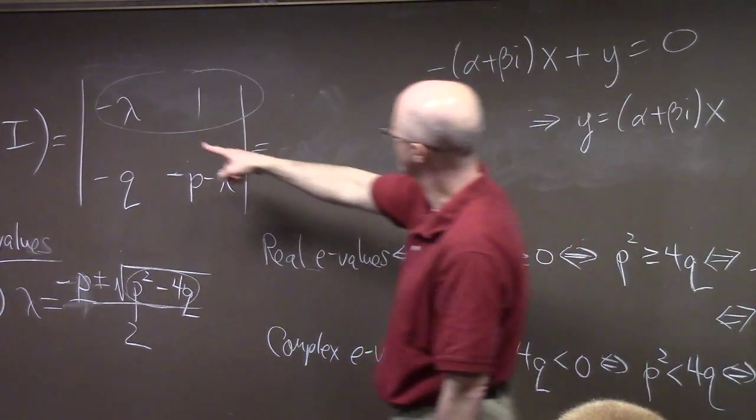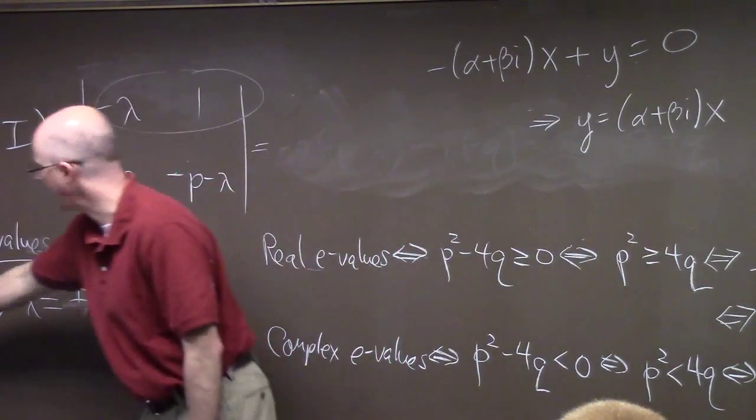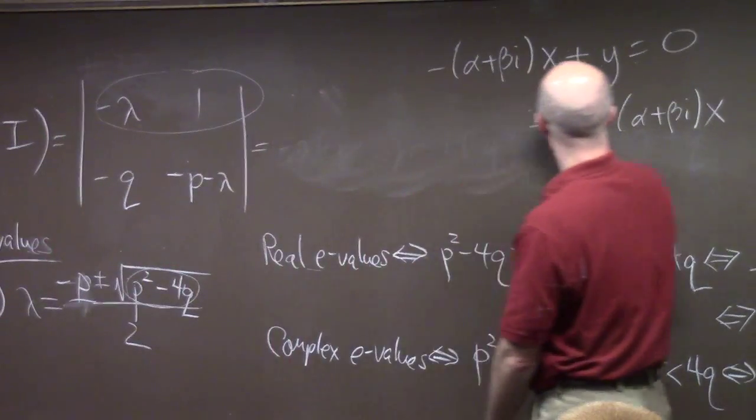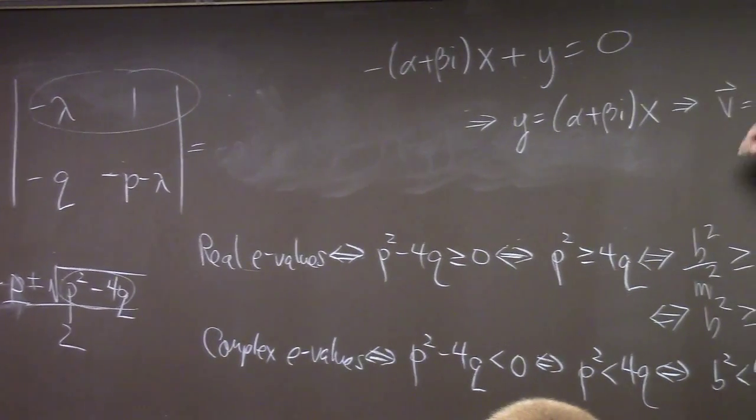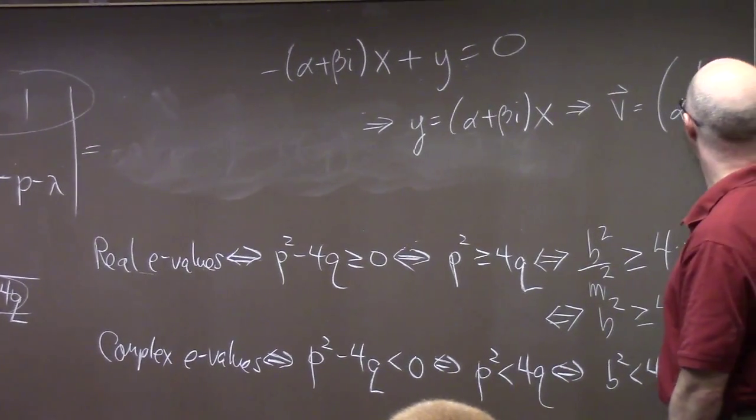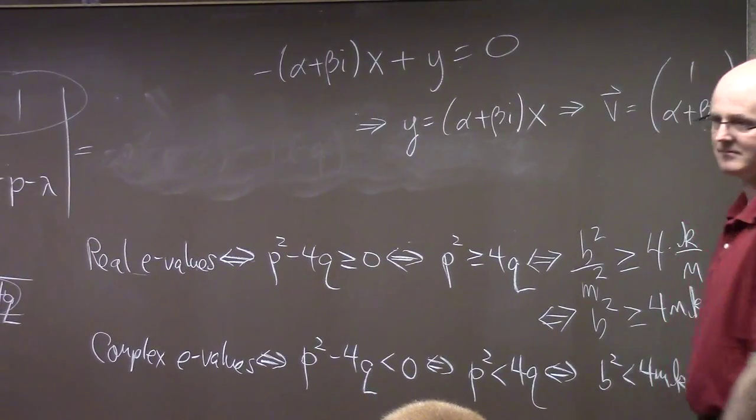I'm replacing the lambda with alpha plus beta i, multiplying it times x, then adding y. And this allows us to write the complex eigenvector as 1 and then alpha plus beta i.